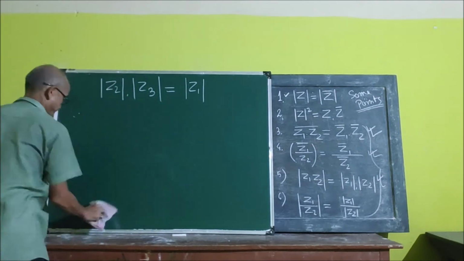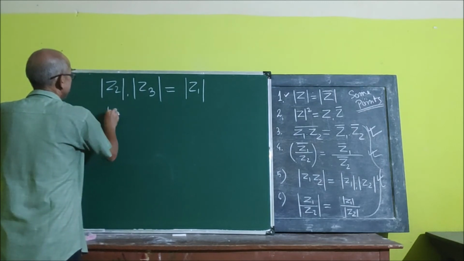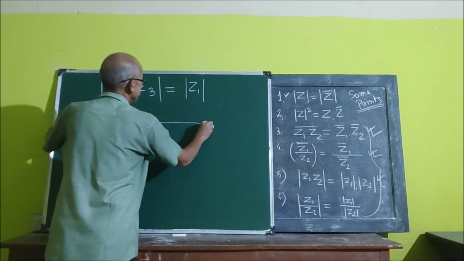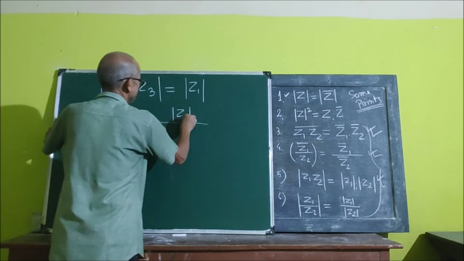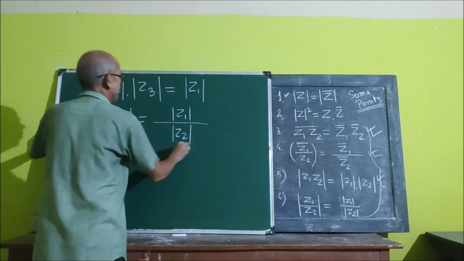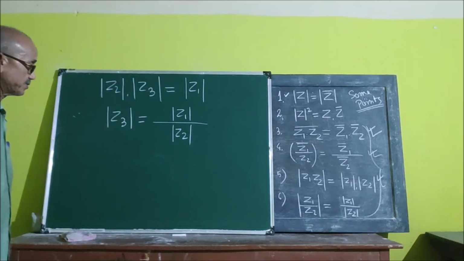Therefore, modulus of Z3 equals modulus of Z1 by modulus of Z2.